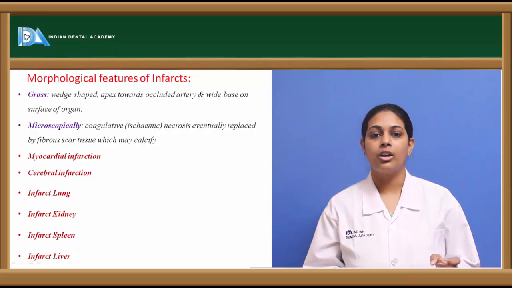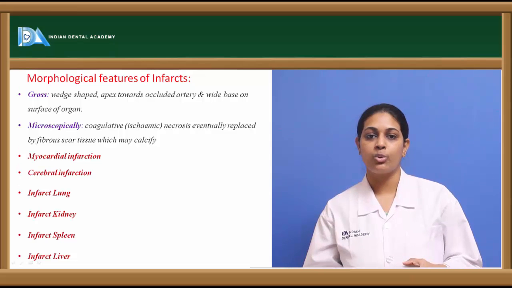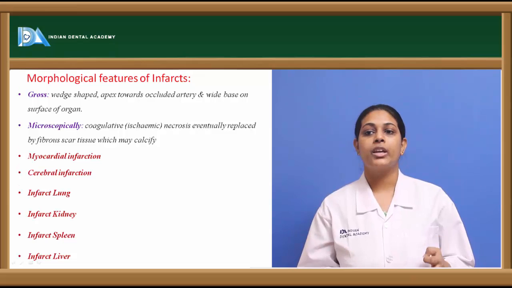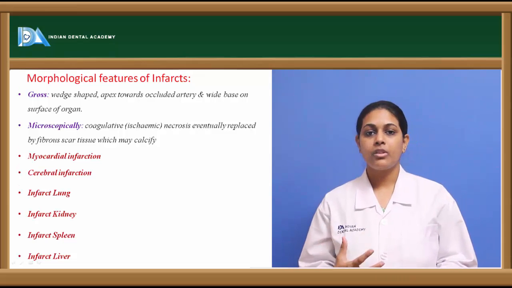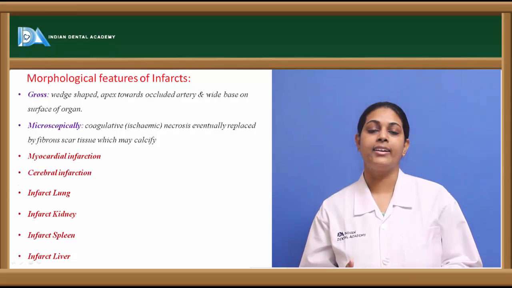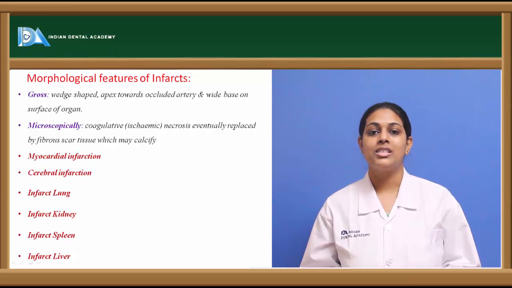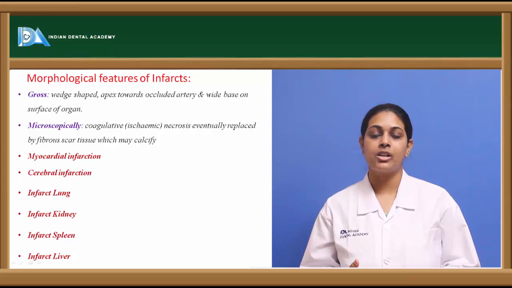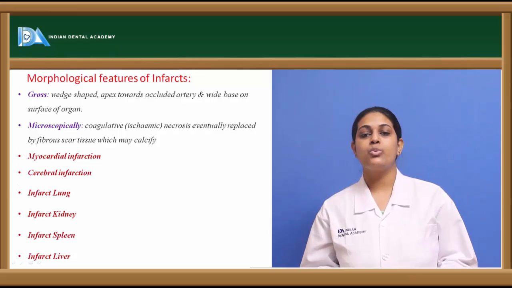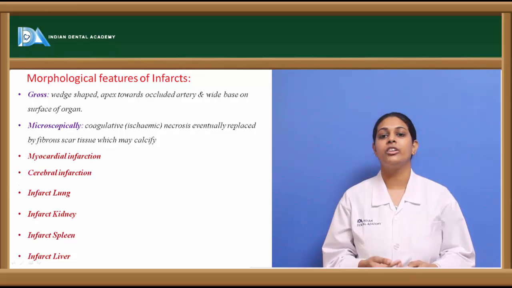Based on particular locations or organs, infarction can be characterized into types, such as myocardial infarction. Whenever the heart suffers decreased cardiac output and decreased blood supply, this might result in ventricular fibrillation, and this ventricular fibrillation might result in further infarction.